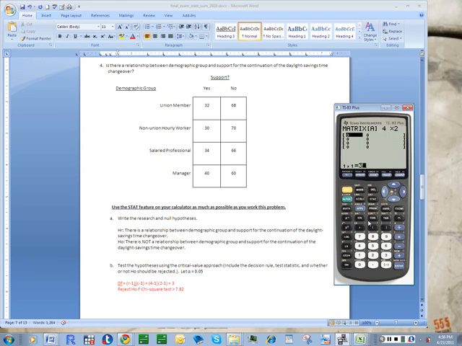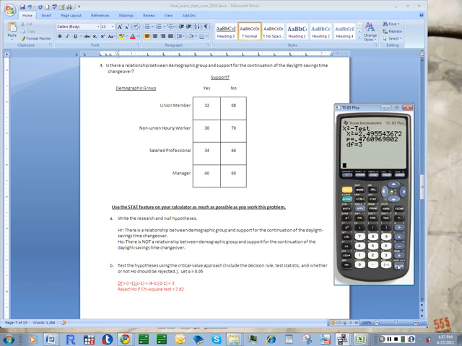Now I can just put the numbers in there. You might note this would be a good one for me to ask by hand since each row adds up to 100. But anyway, once you have the numbers in the matrix, just hit stat again, tests, and arrow up to the chi-square test. Option C on this calculator. And just leave that alone, A and B. We put our observed values in A, and we'll let it put the expected in.